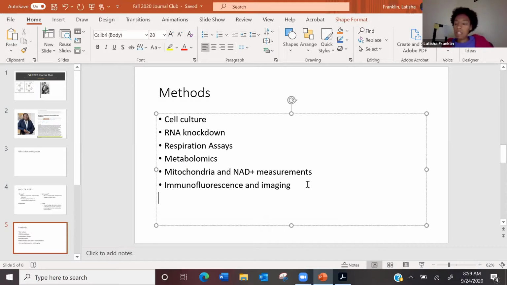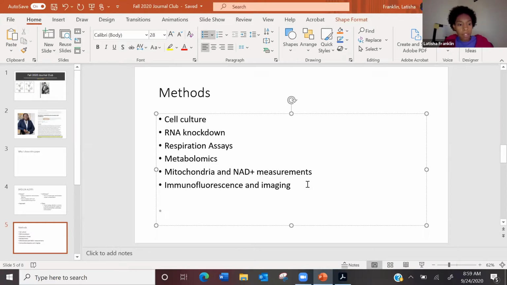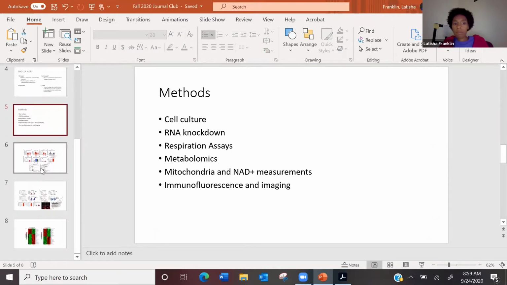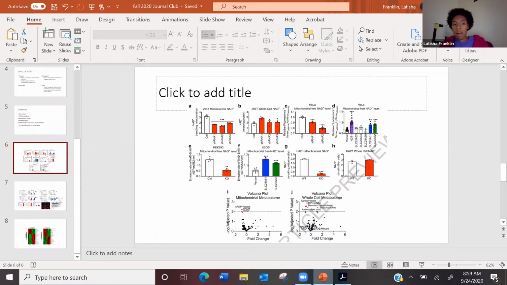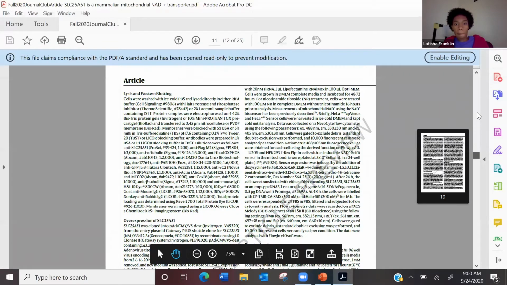Now, I may not include all of these methods at the end. It really depends on which specific paper figures I decide to emphasize. I might need to turn on the heat. It's getting a little chilly. So I have already started copying and pasting some of the figures.